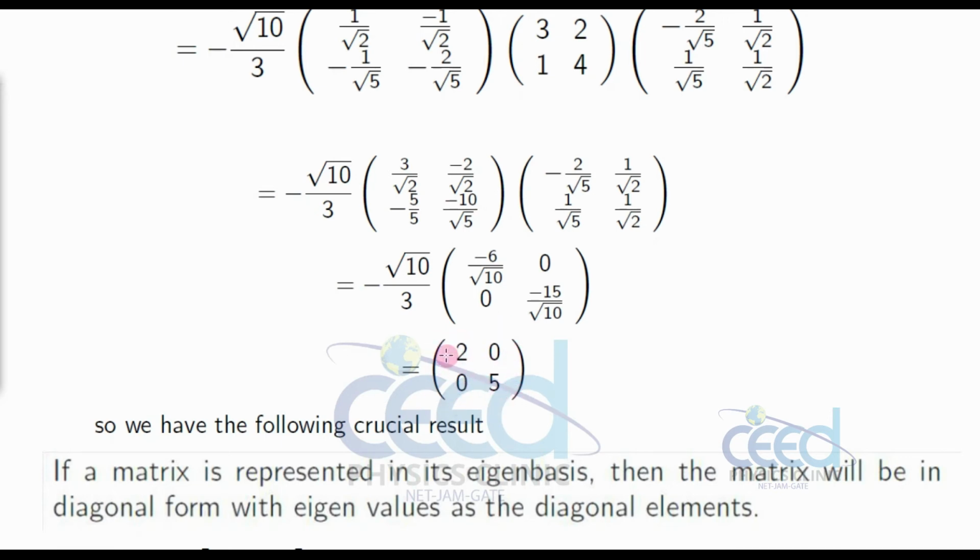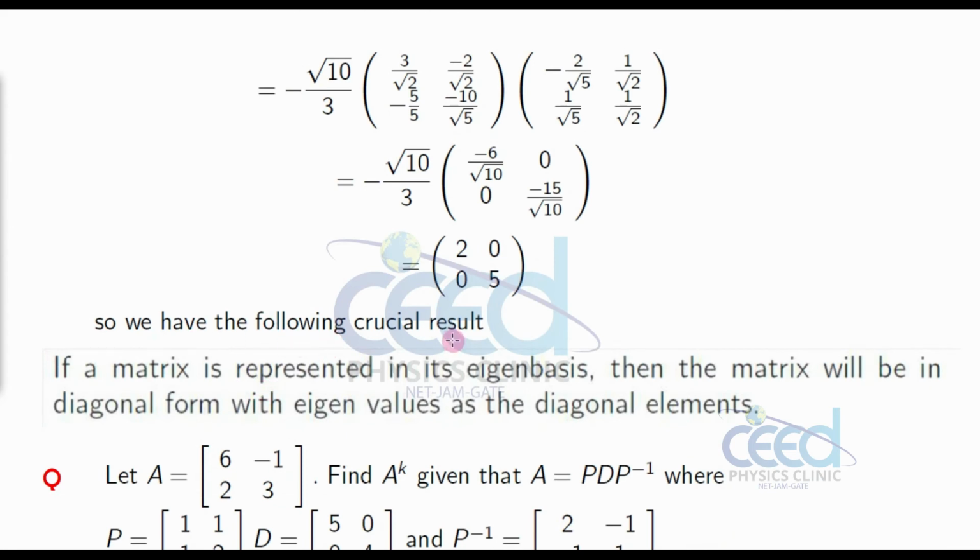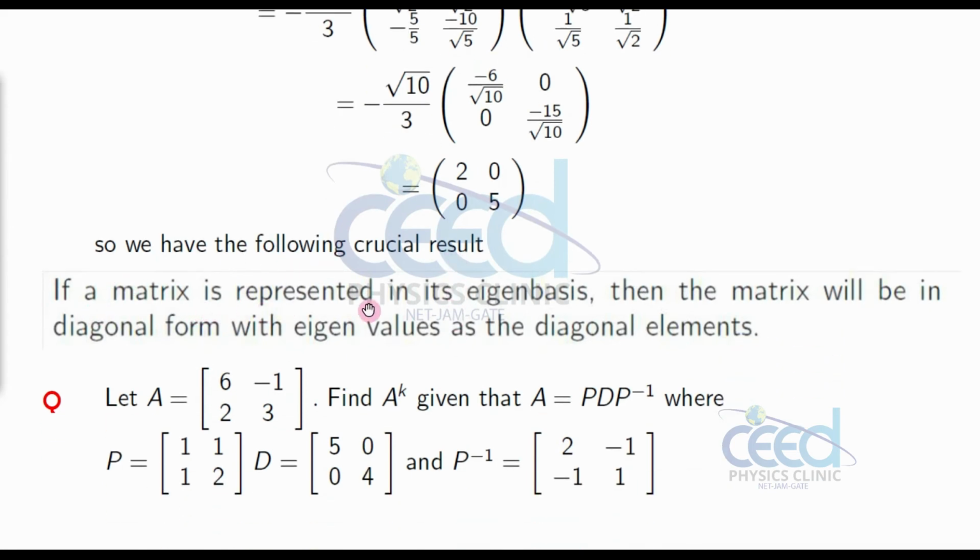Only diagonal elements will exist, and the important thing is that these diagonal elements are the eigenvalues of this matrix M. The eigenvalues of this matrix that we have already seen are 2 and 5, which are the diagonal elements. So we have the following crucial result: if a matrix is represented in its eigenbasis, then the matrix will be in diagonal form with eigenvalues as the diagonal elements.